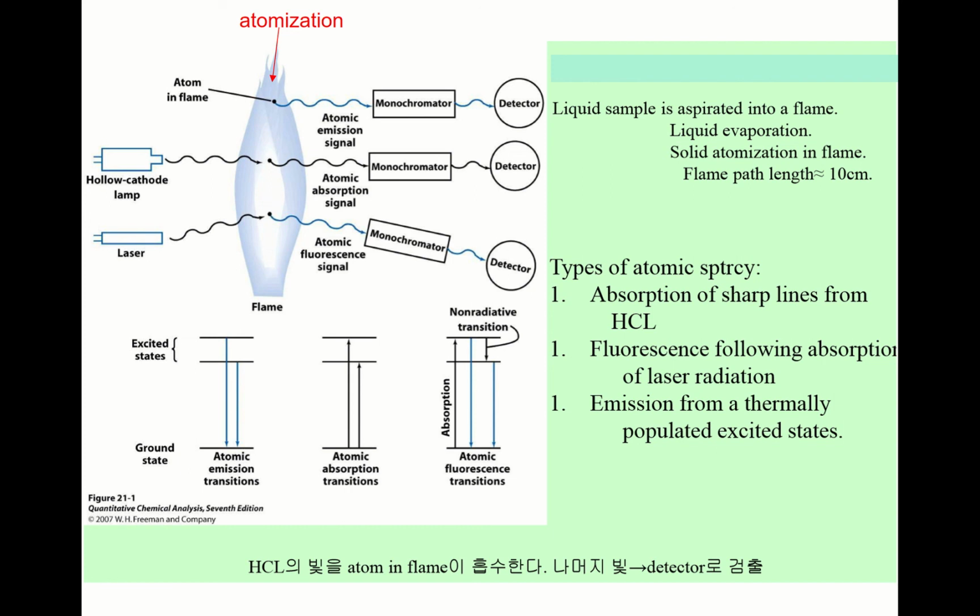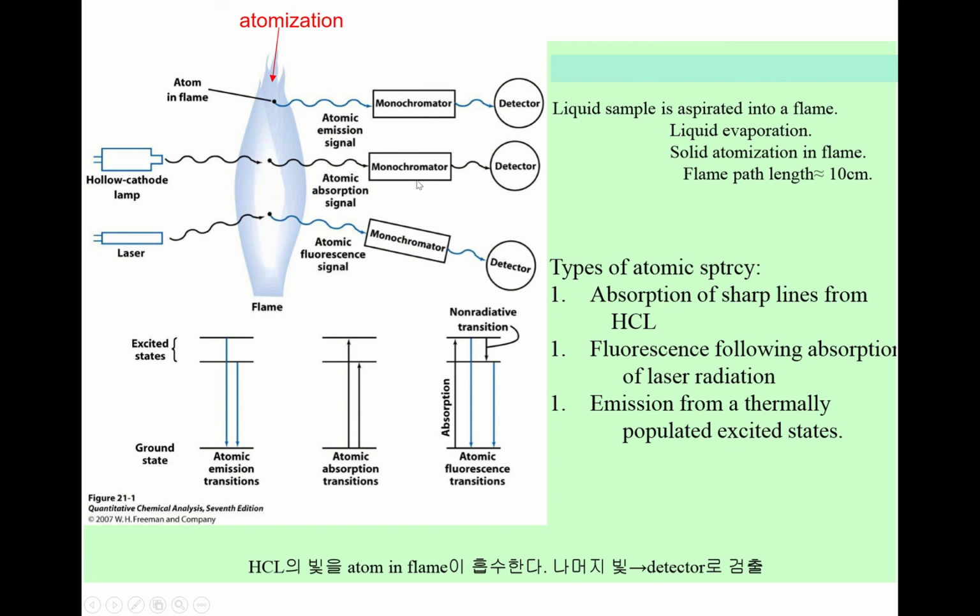Rather than measuring the atomic emission, you use a hollow cathode lamp made of iron atoms. Since it contains iron atoms, it generates very specific light whose wavelength is exactly the same as the iron atoms in the flame. Then this electromagnetic radiation is absorbed by the iron atoms in the flame.